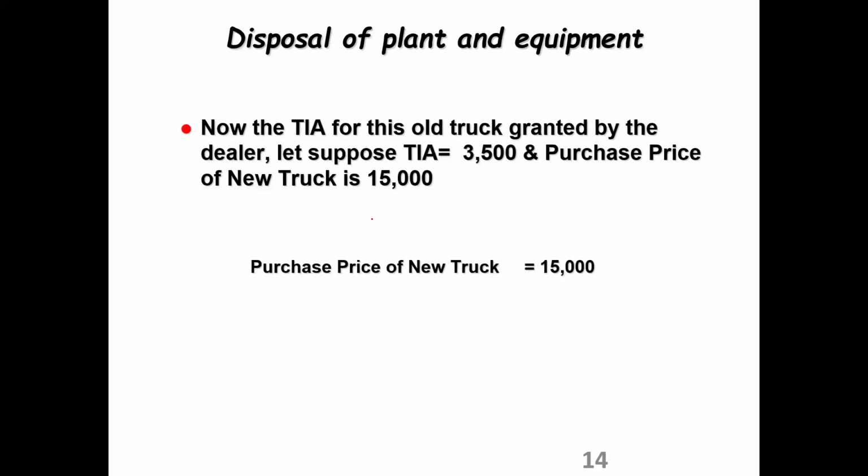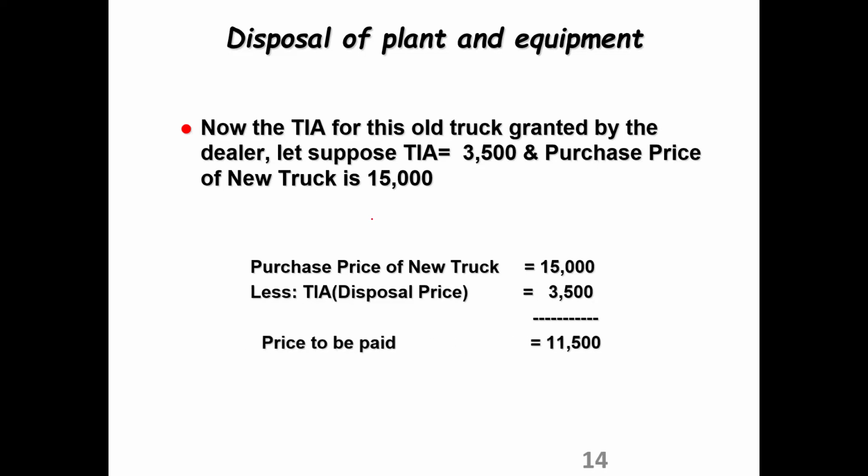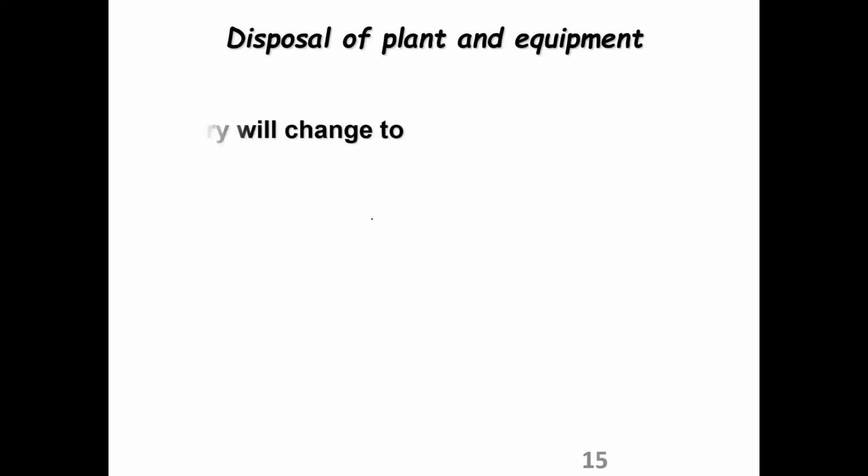Secondly, we need to find out how much cash needs to be paid. Since the purchase price of the new truck is 15,000 and the trade-in allowance, that is the disposal price of the whole equipment, is 3,500, the price that needs to be paid is 11,500.